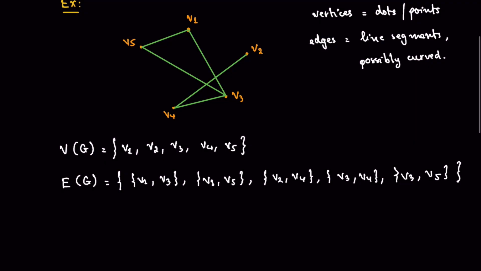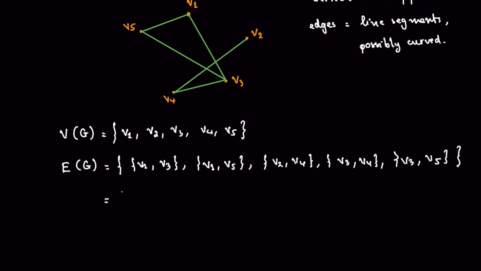So instead, you just represent the connection between the vertices as follows. The edge between V1 and V3, you just write V1V3. The edge between V1 and V5, you write V1V5, and so on and so forth. So you have V2V4, V3V4, and V3V5. This is a lot easier and more accessible.